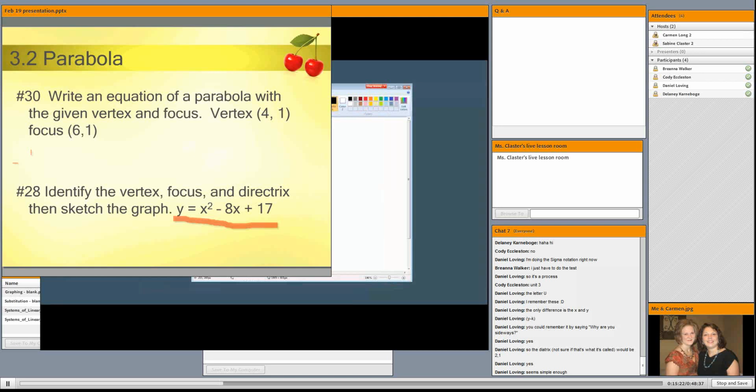All right, so we're going to decide whether it opens up or down or left and right. You base it on what is squared. So which way does this one open? Kind of think about what you know. This looks just like all the other quadratics you've ever done, right?